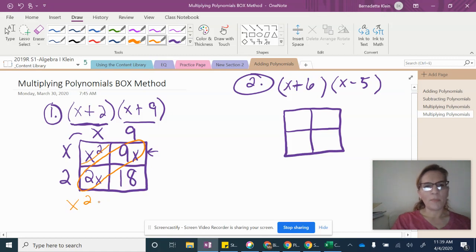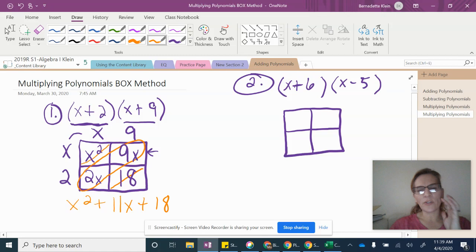A positive 2 and a positive 9 will give you a positive 11. And don't forget your x. And all that's left down here is this number. There's no other numbers to be a twin or add to it. So that positive 18 just comes down, and I cross it out to show that you've done every single number in the box.